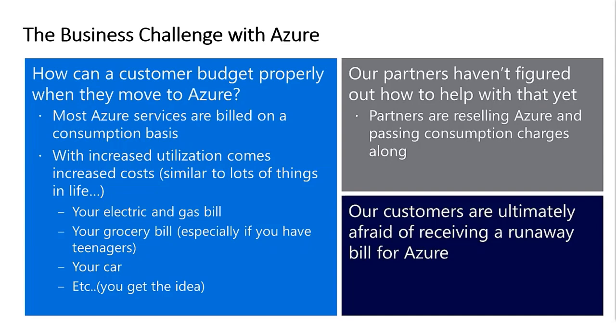This is actually what we see as the advantage of CSP as compared to the EA and the pay-as-you-go. Because with the EA and the pay-as-you-go, customers are paying for the ingredients directly, and they're just getting you to come in and build the solution, right?